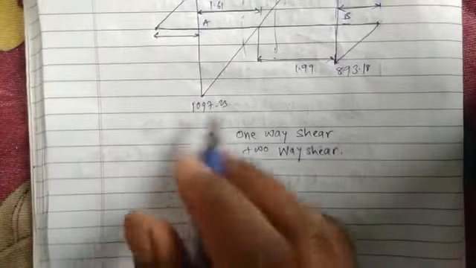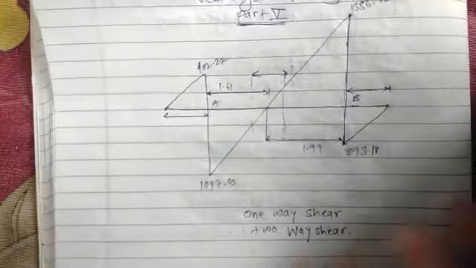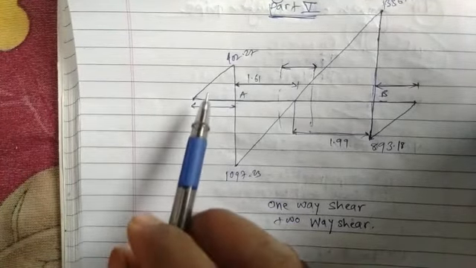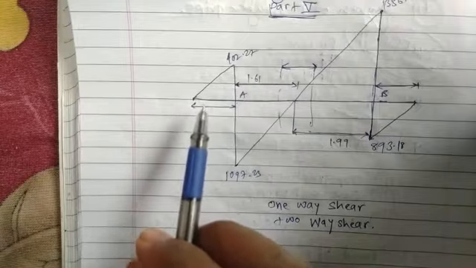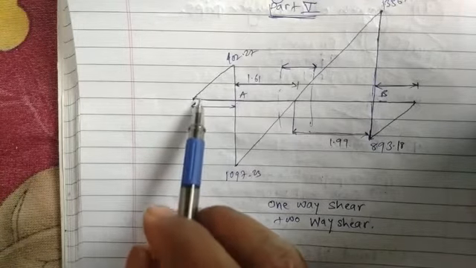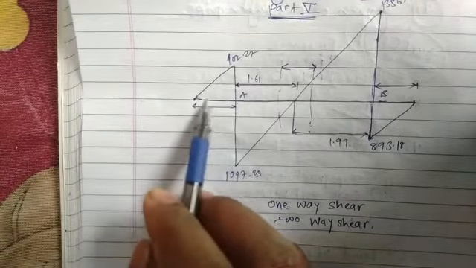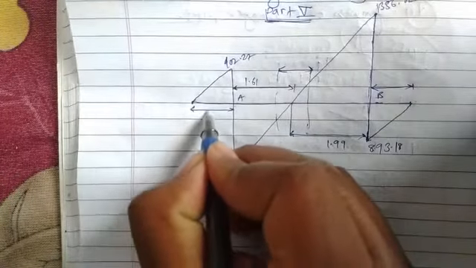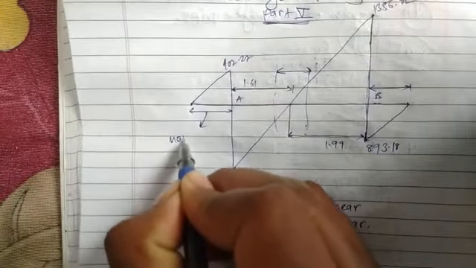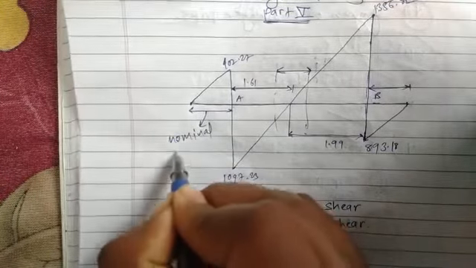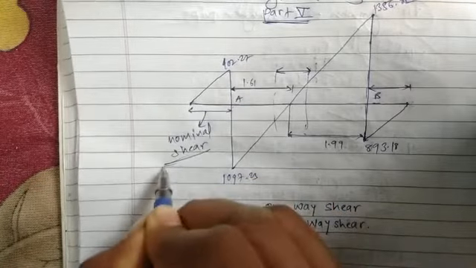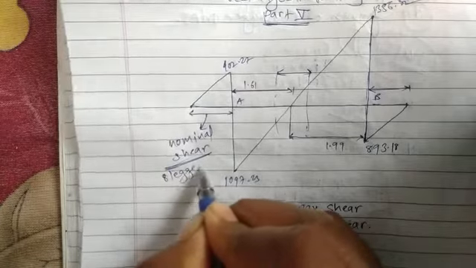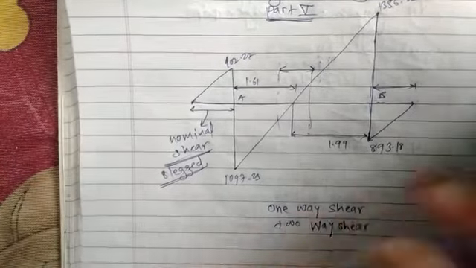So after calculating this, in order to provide the shear reinforcement, we can see the shear force diagram of the footing, and we can conclude that this portion of the footing is having less shear force. So we can provide only nominal shear reinforcement here. That may be in the form of 8-legged stirrups.